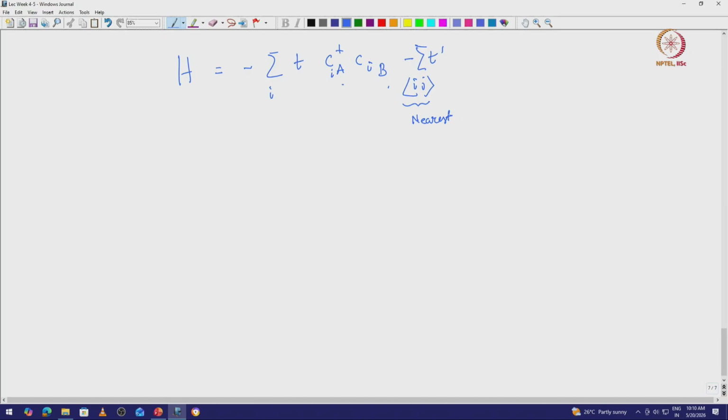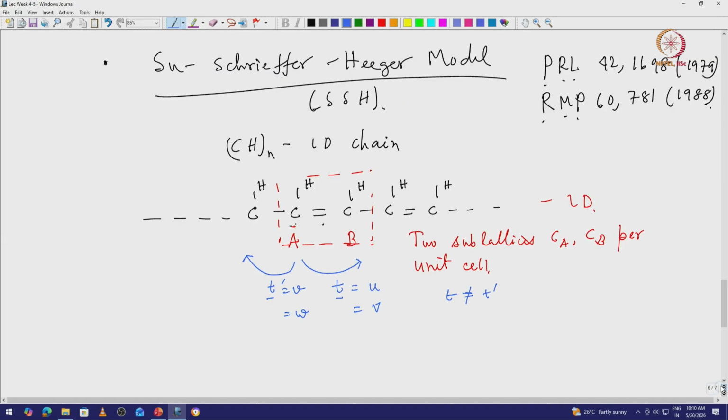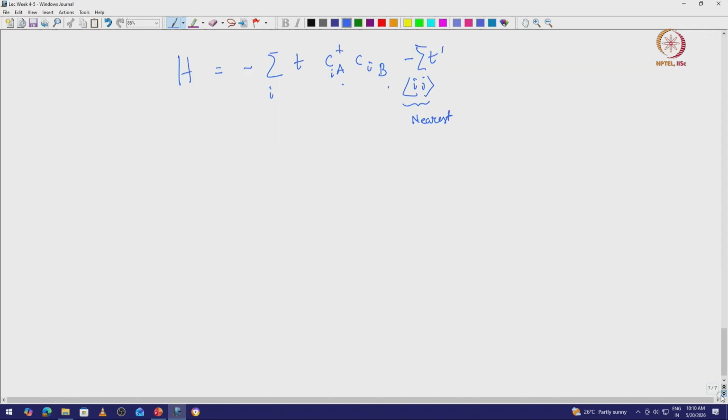So, there is no two summation of I and j sites. So, this is my I and this is my I minus 1 and this unit cell is I plus 1. Okay. So, j is not a different index once you put this angular bracket. j just means that j is I plus 1 or j is I minus 1. So, nearest neighbor.